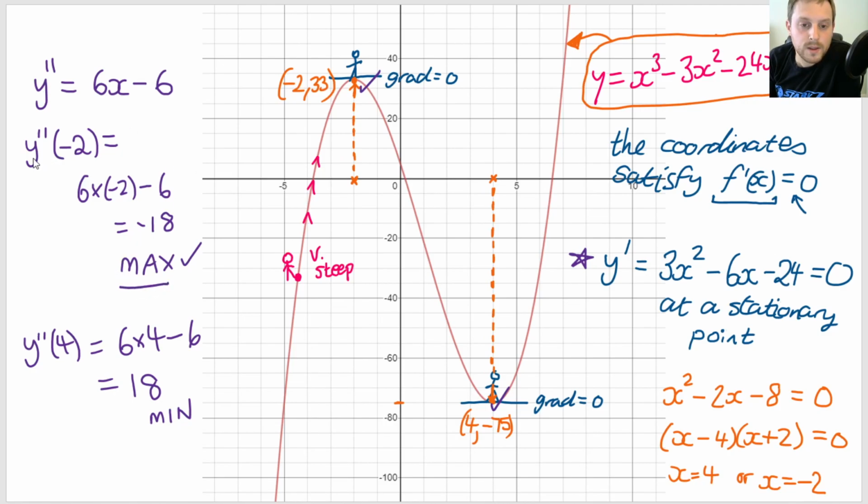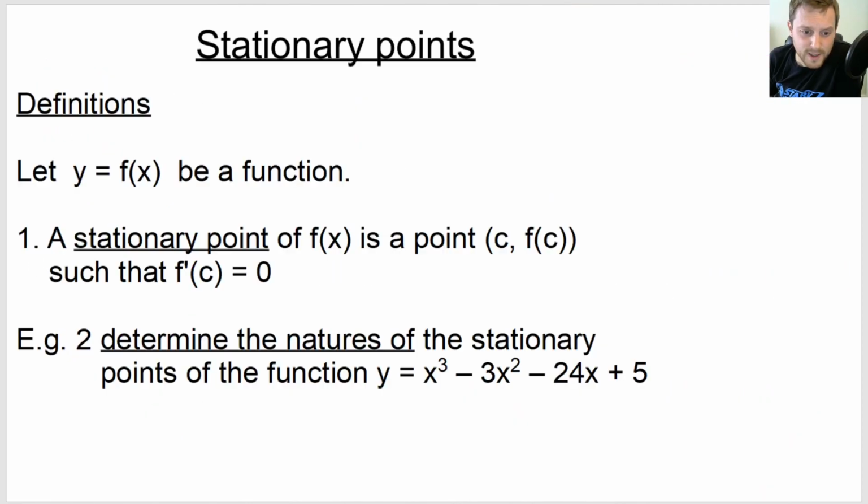Because when you do the second derivative of that point, you get a negative. And we also did it for 4, minus 75. If you plug 4 in, you get 18, and that's positive, so it's a minimum. So actually, I've already done that, so there's not really anything else to say.